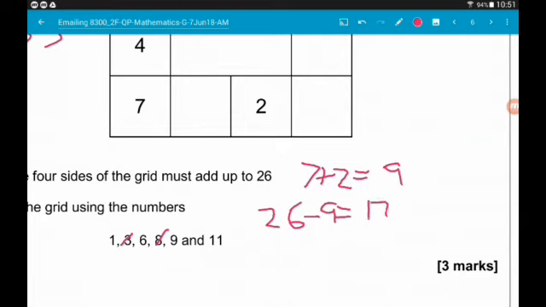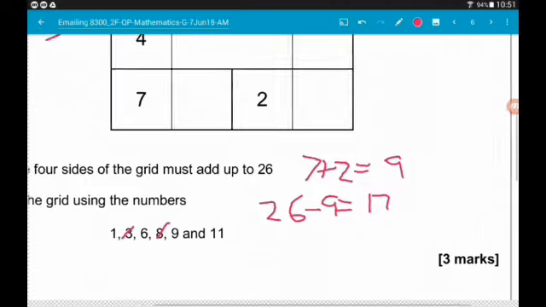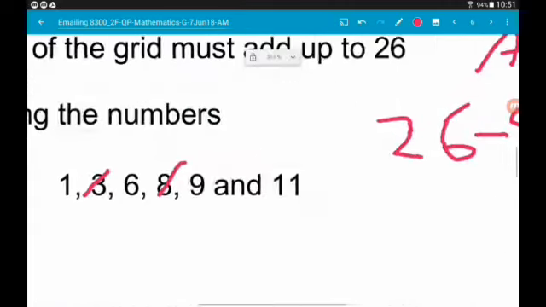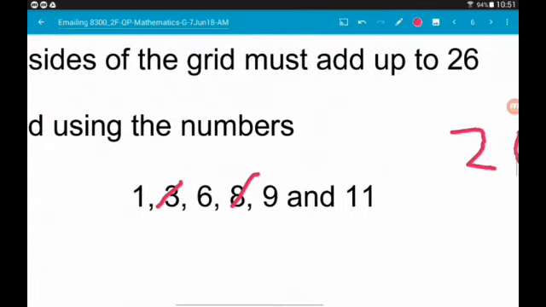So these two numbers on the bottom now need to add up to 17. So the only way that we can get 17 is with 11 and 6.